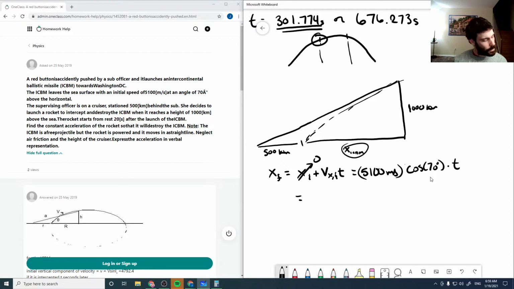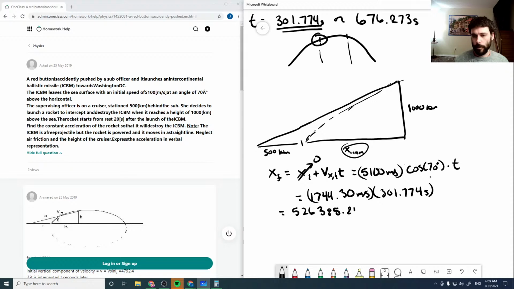And so this comes out to be 1744.30 meters per second times our time, which is 301.774 seconds, which comes out to 526,385.212 meters.